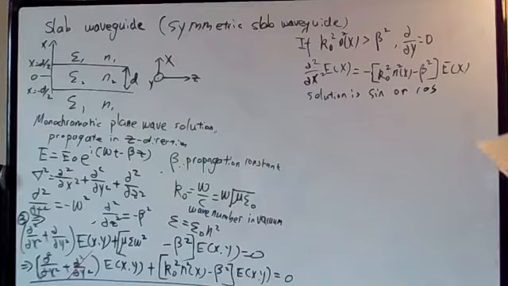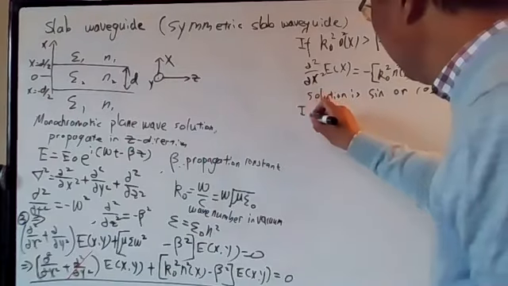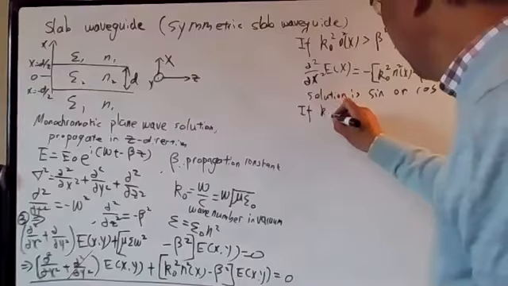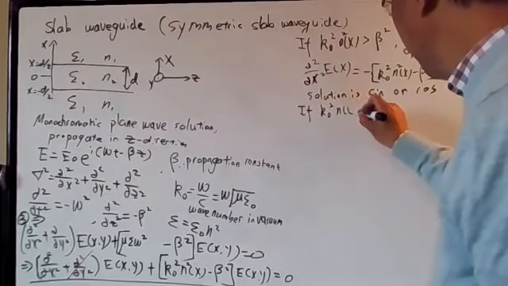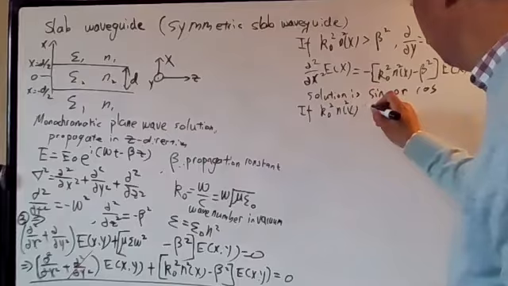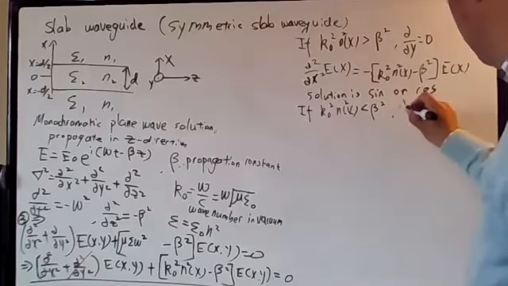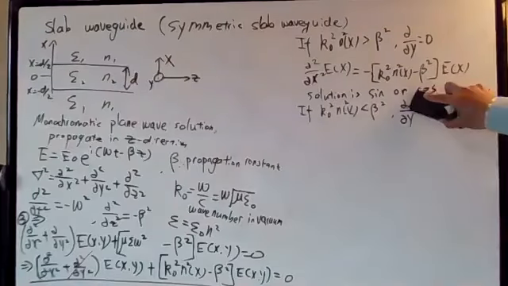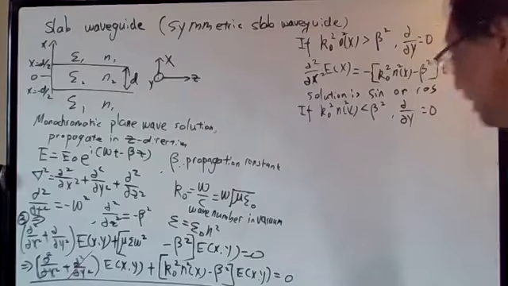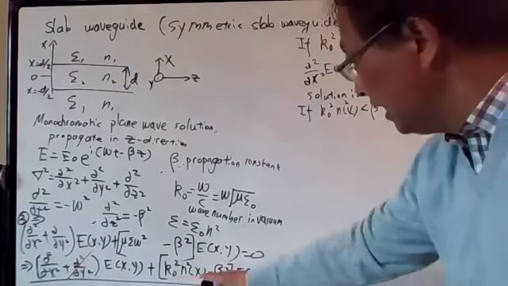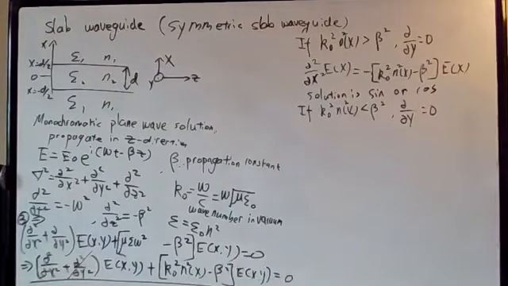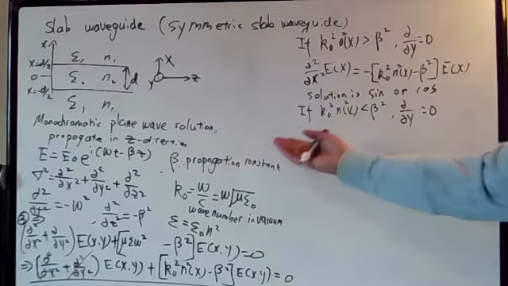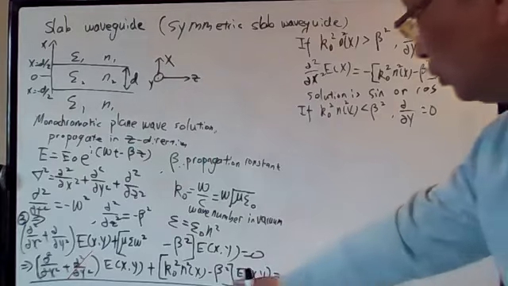Okay, now let's see. If k naught square nx square is less than beta square, and partial y is still 0, right? If this number is less than beta square, then we move to the right-hand side and do the same thing.